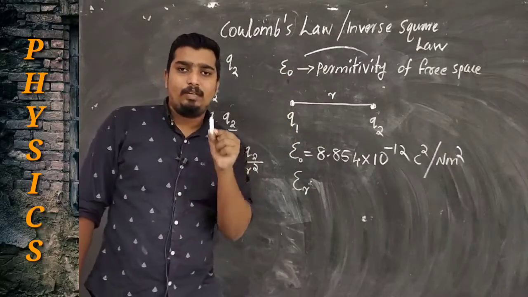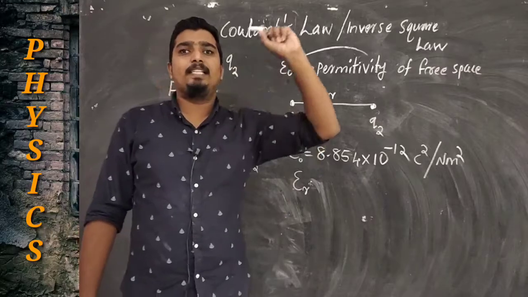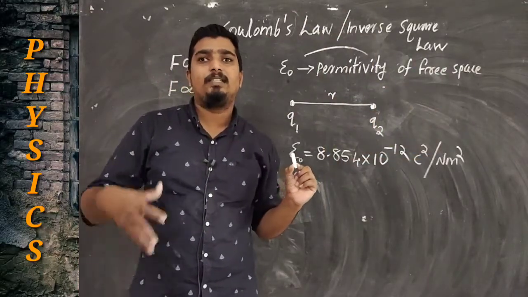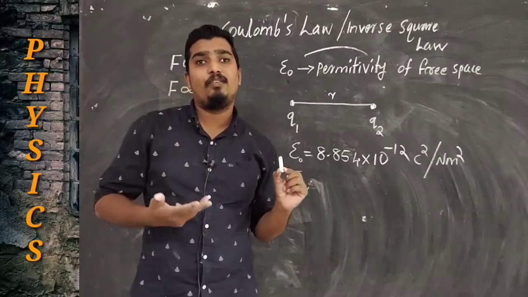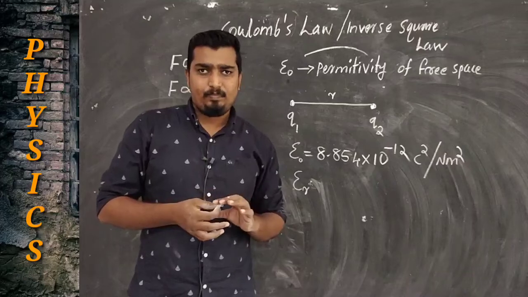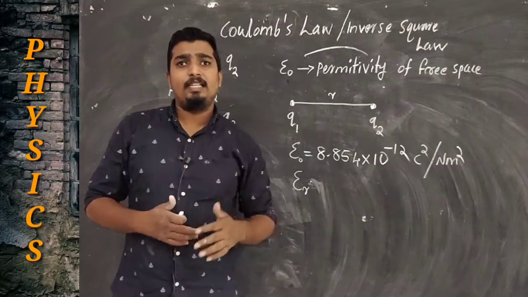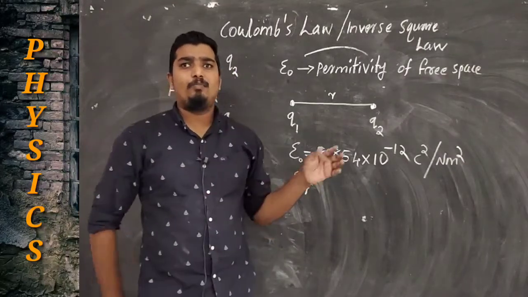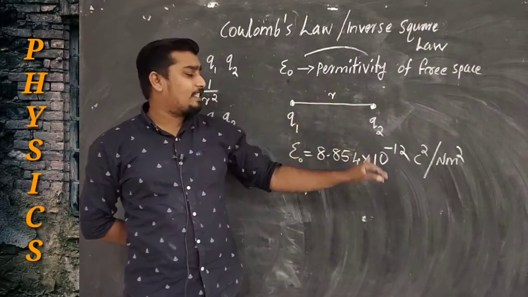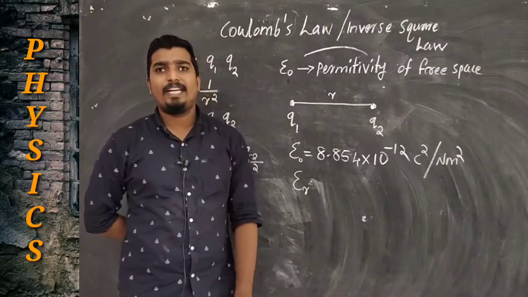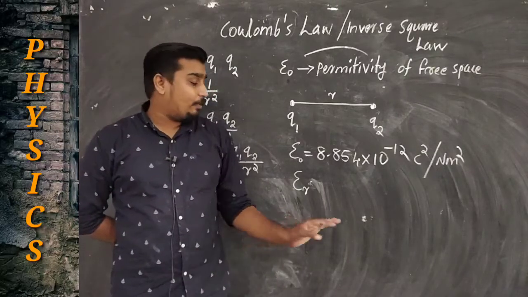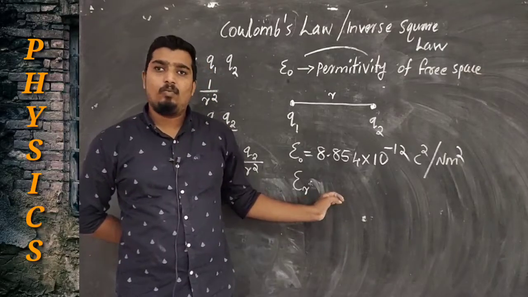If the charge is placed in another medium, it is called the permittivity of the medium. Relative to the permittivity of free space, it is called relative permittivity or dielectric constant, whose value in free space is 1.